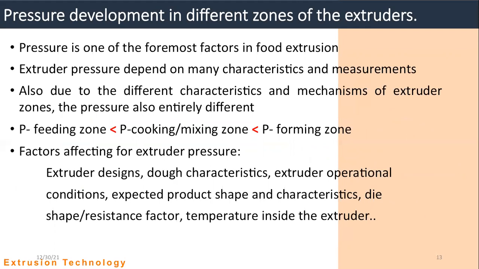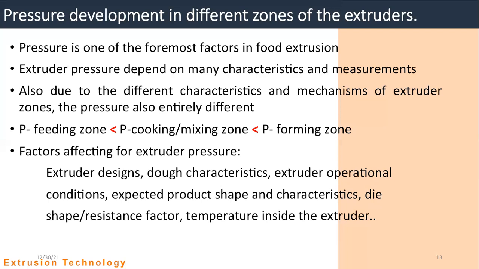Now we are moving from the feeder to the extruder. In the feeding zone, the temperature is somewhat higher than the feeding tank. Then moving continuously, the cooking zone is there with high temperature and pressure. Now the pressure is high.